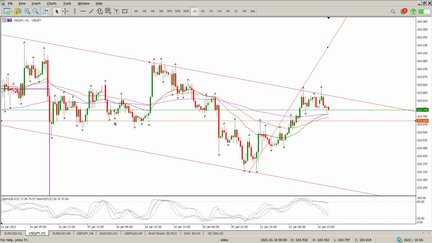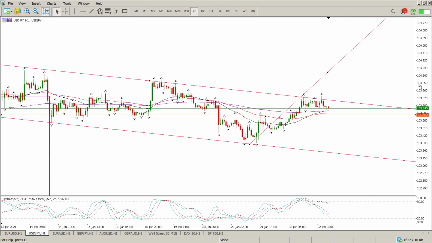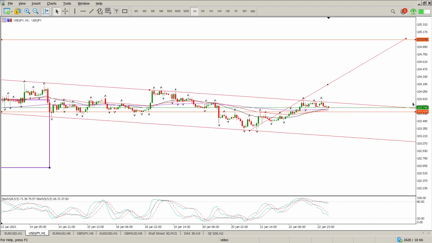Look at the structure on this level, 103.669. If we come back into this zone, I would be looking to buy in anticipation of breaking this flag to the upside and then chasing 105.029, but I think I'll just chase just below 105, something like 104.98 or 99, just below the 105 mark. That would be an area where I'd be looking to take profit.